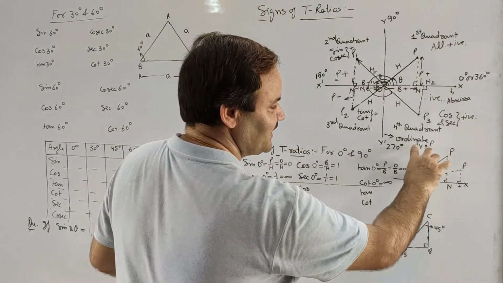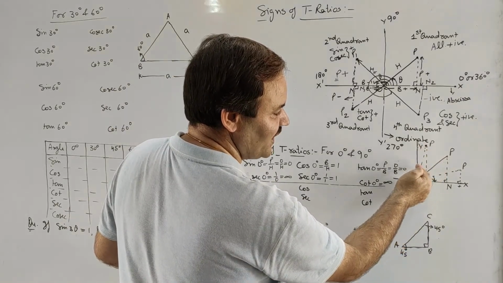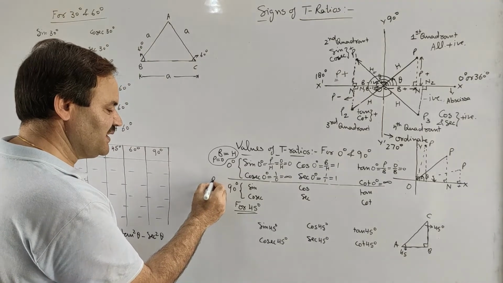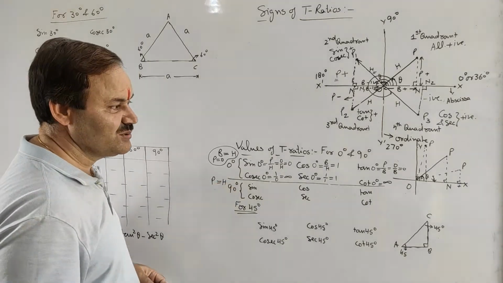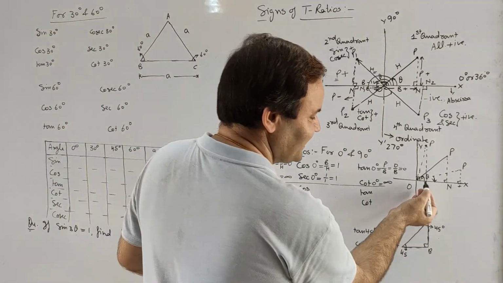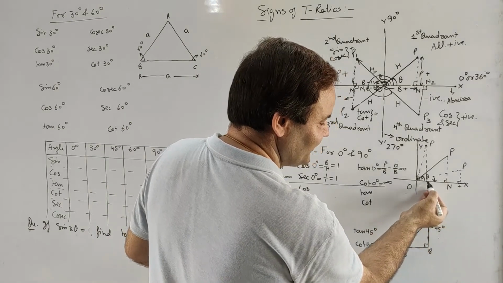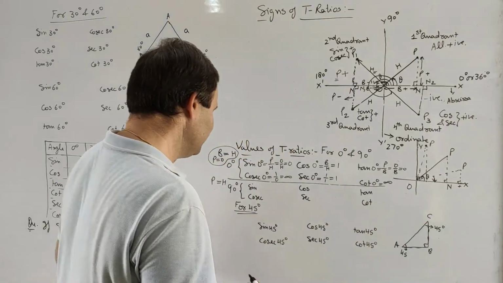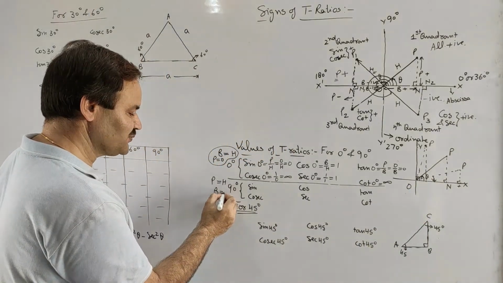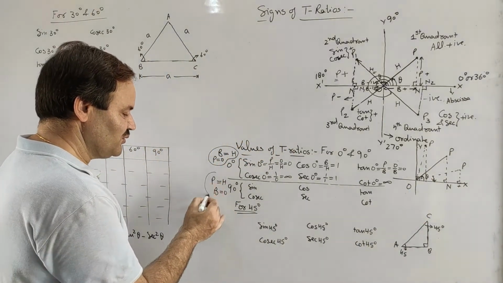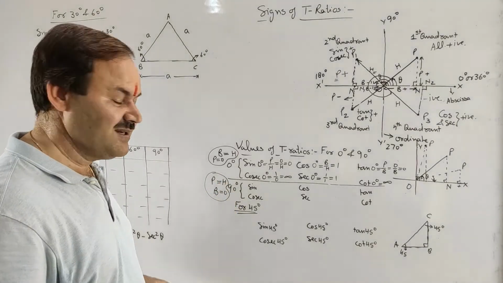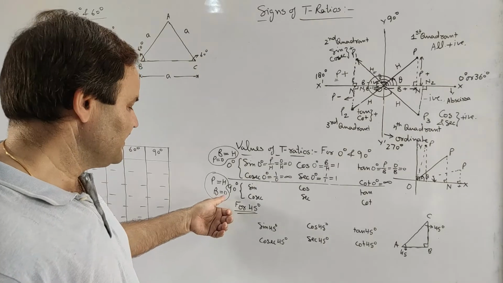Then this perpendicular will approach the hypotenuse. It means for 90 degree, perpendicular will become equal to hypotenuse, and the base length will gradually decrease, and for 90 degree the base length will become 0. So for 90 degree, perpendicular and hypotenuse both will become equal, while base length will become 0.